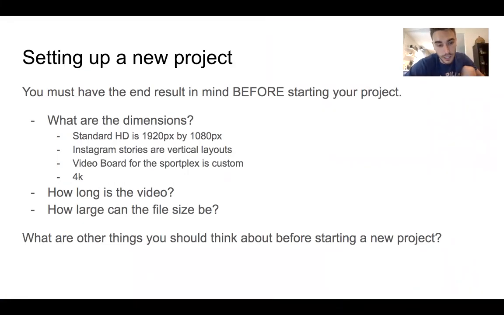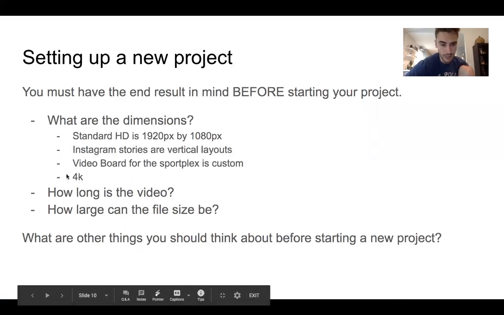Not all videos are the exact same. You have to think about some of the dimensions. The most prevalent example that I can think of for what I use it for is that videos that go on Instagram have a different dimension than some of the other social media platforms like YouTube and Twitter. So you can adjust that, but you have to think about that before you start a project.